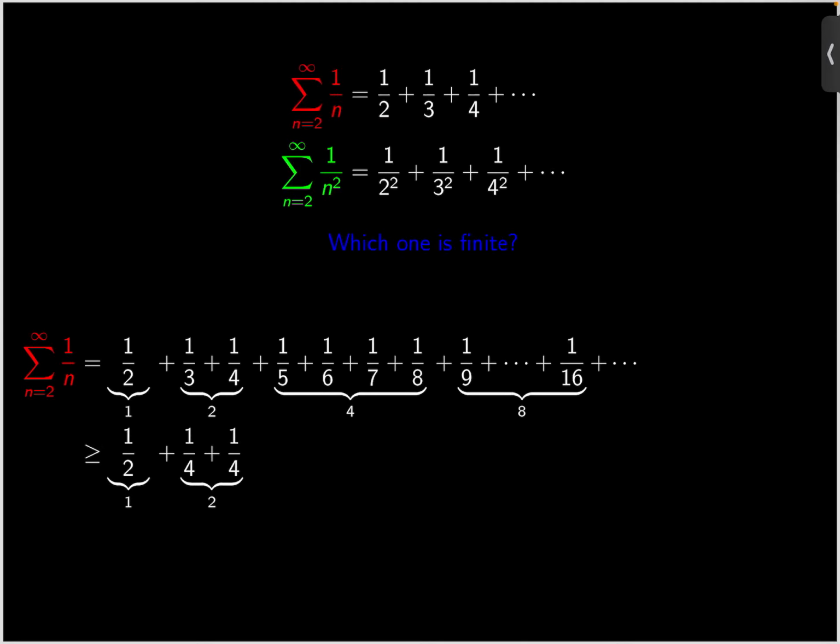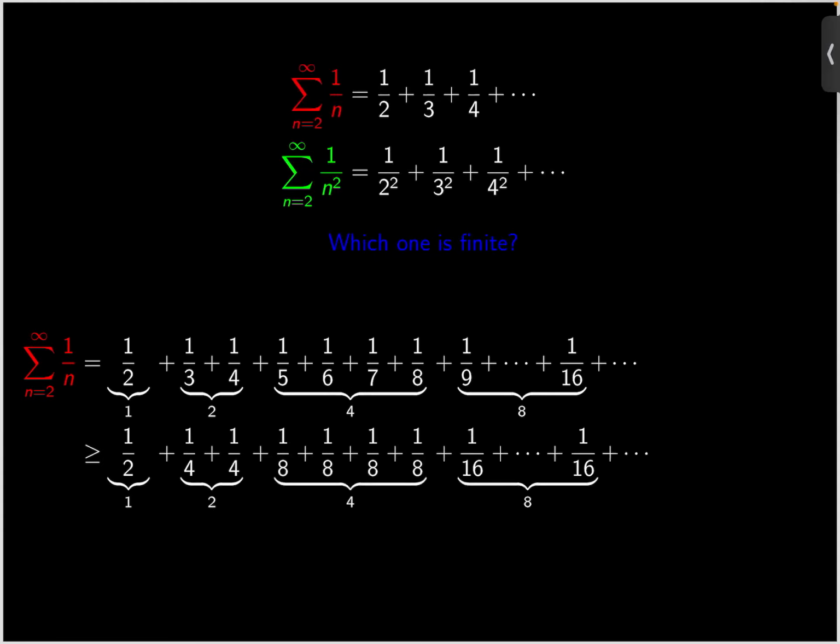And so what that means is that we can say that this expression is greater than or equal to a quarter plus a quarter, and we've still got 2 of these terms. What next? Well, a fifth, a sixth, a seventh, they're all bigger than 1/8, so we can pull those down, and we've now got 4 of these terms. So 4 lots of 1/8. And we can continue on in this way with the 16th. We've got 8 lots of 1/16, and so on.